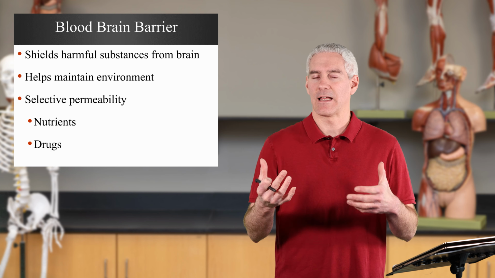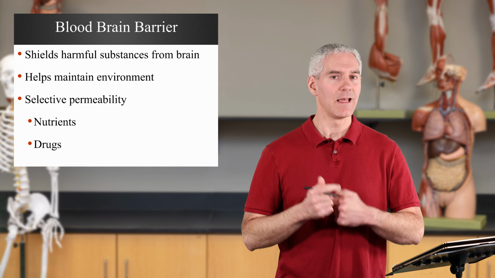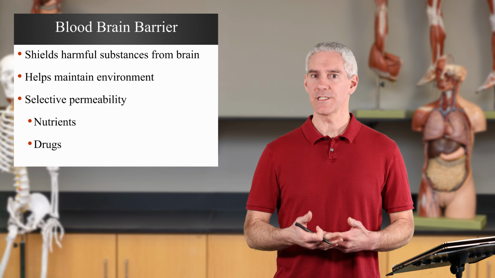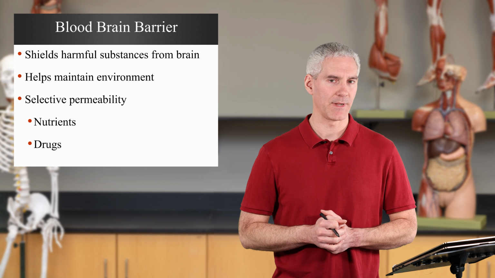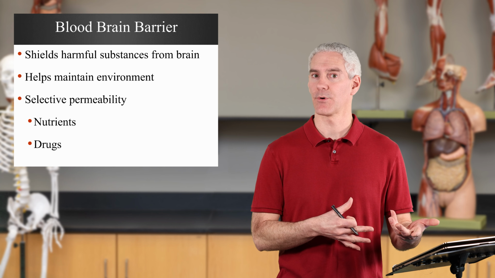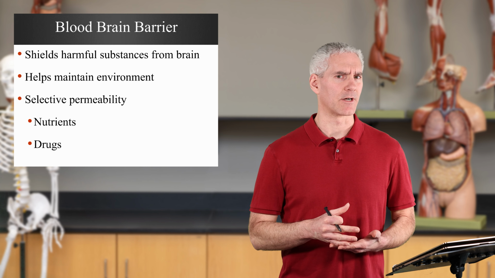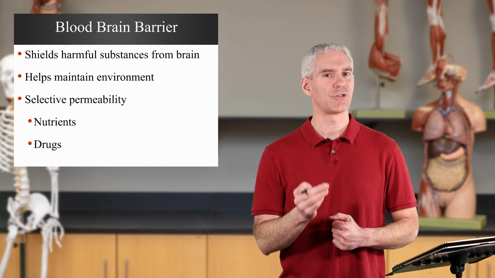Well, if that's going to help your headache, it has to be able to pass this blood-brain barrier and get up into your brain. So a lot of pharmaceutical research is looking into what can pass the blood-brain barrier and therefore interact with the brain to help out like it's supposed to. So the blood-brain barrier is meant to help protect your brain and keep a lot of things out that shouldn't be in there.